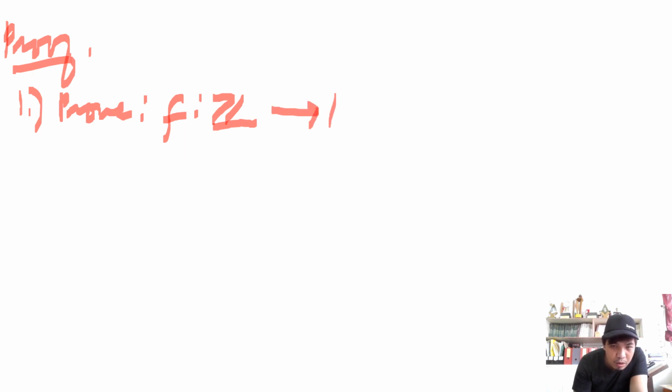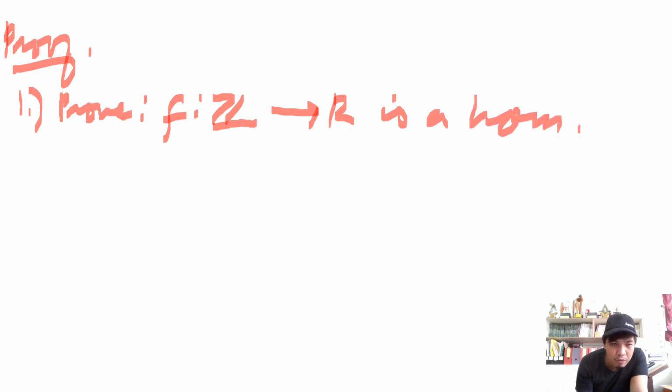Let's proceed with the proof of this theorem. For the first part, we want to prove that the mapping f from the set of integers to our ring R is a homomorphism.